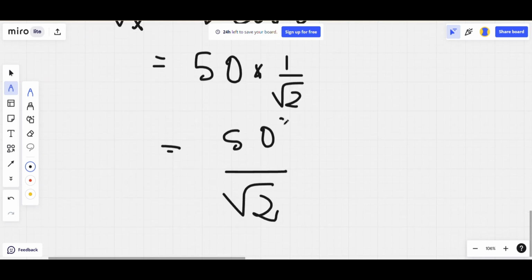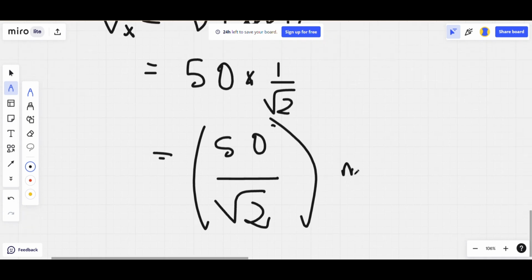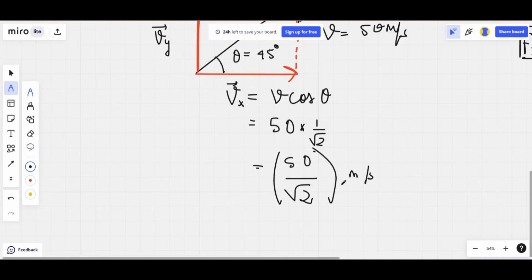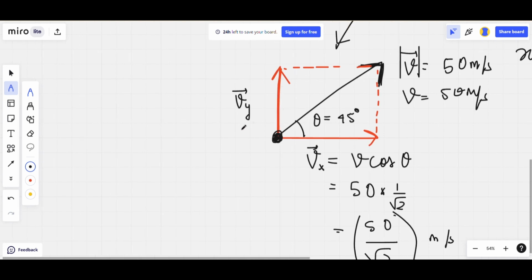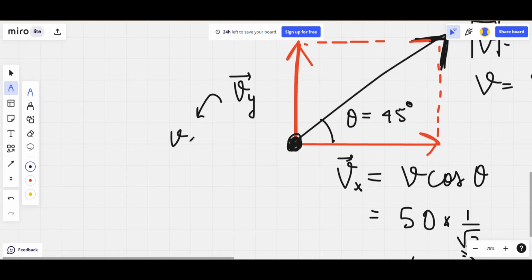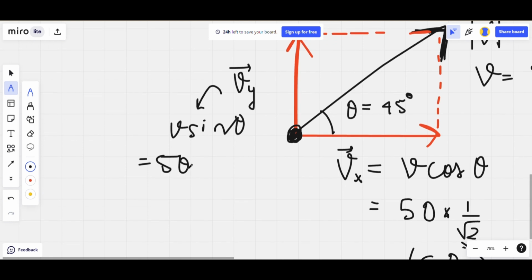If you want, you can rationalize this, but this is the amount of velocity this body is traveling with along the x-axis. Now if you look at the y component of the main vector, we have V sine theta. V is 50, and sine of 45 is 1 by root 2.